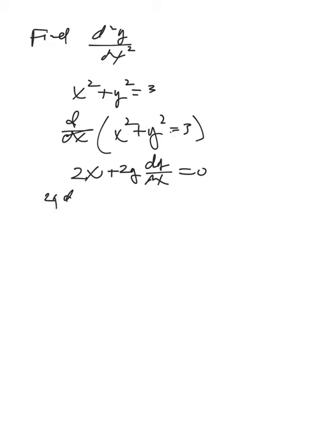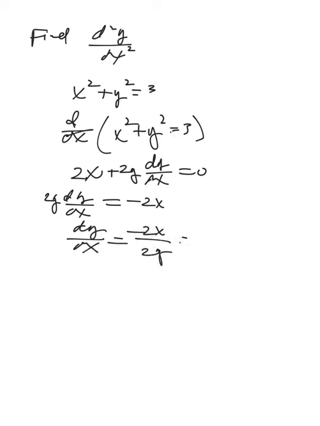We get, let's see, I'm going to write all the steps in here. 2y dy dx equals negative 2x. dy dx equals negative 2x over 2y equals negative x over y.